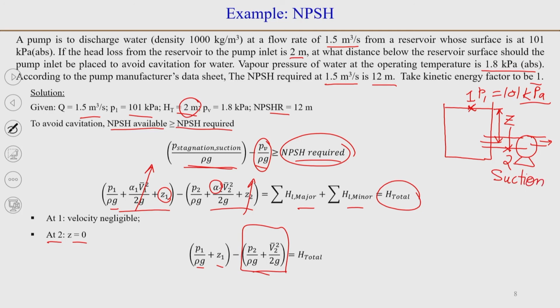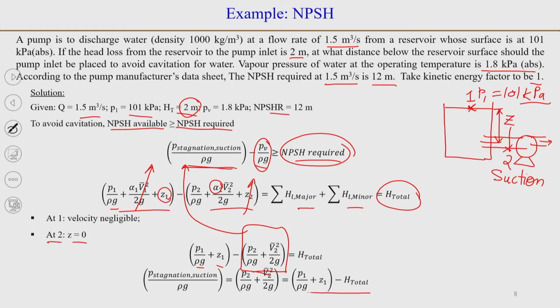So, this term is what we are looking for, the stagnation pressure at the suction side by rho g. That gives us what we can calculate: P2, or suction pressure, is equal to P1 by rho g plus Z1 minus H total. Okay. So, that is the P by rho g at the suction side.